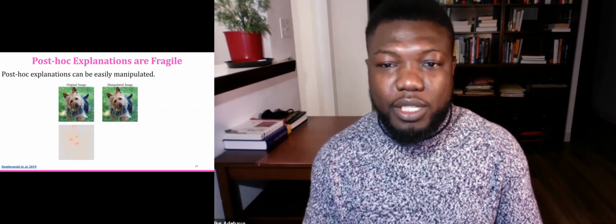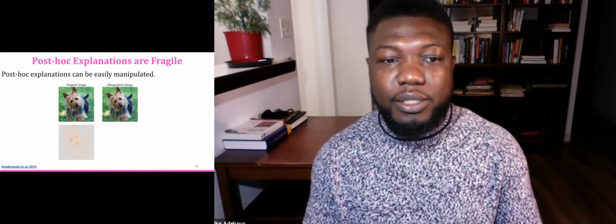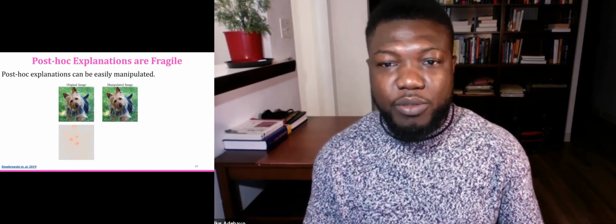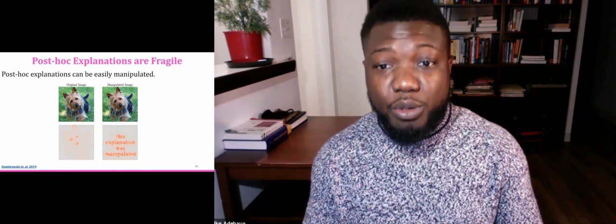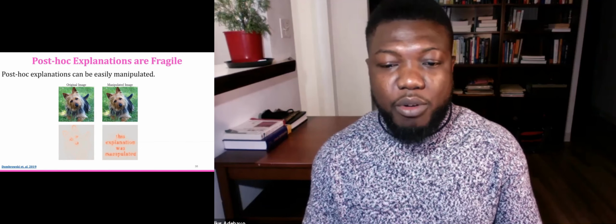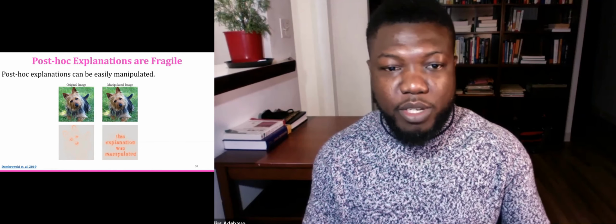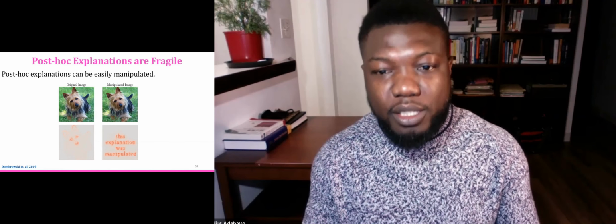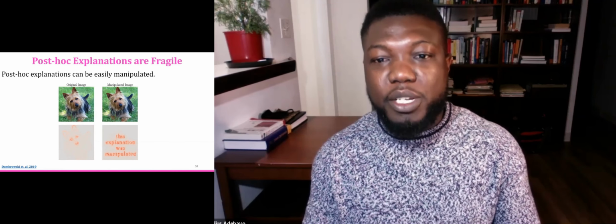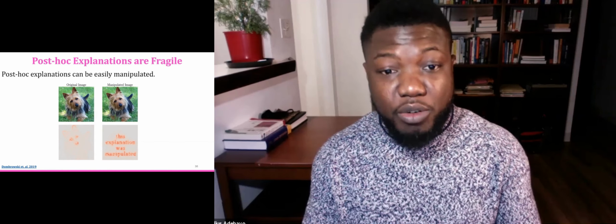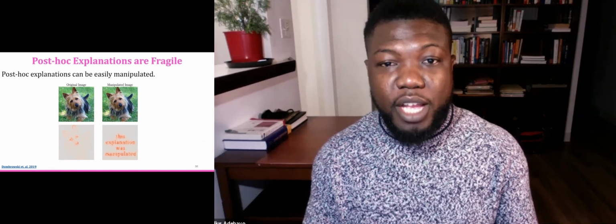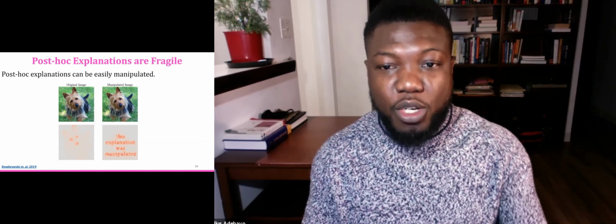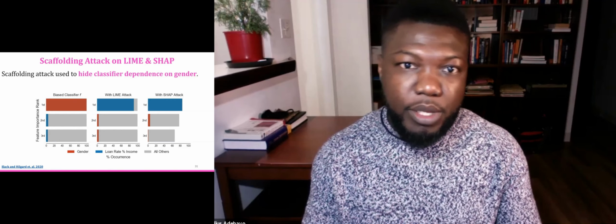We can adversarially modify the original image, which we'll discuss shortly, and then recompute another saliency map. And we obtain an explanation that is completely manipulated. This is essentially the point of this section: post-hoc explanations can be easily manipulated. Critically, these two images actually have the same prediction under the model that is being considered.